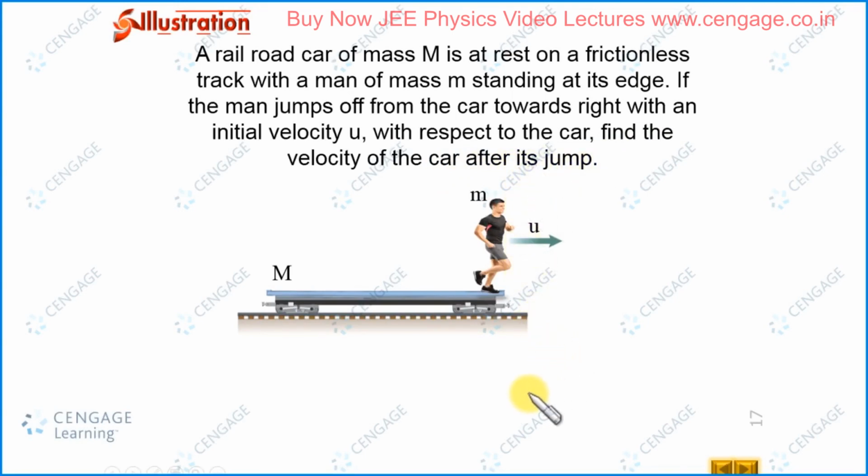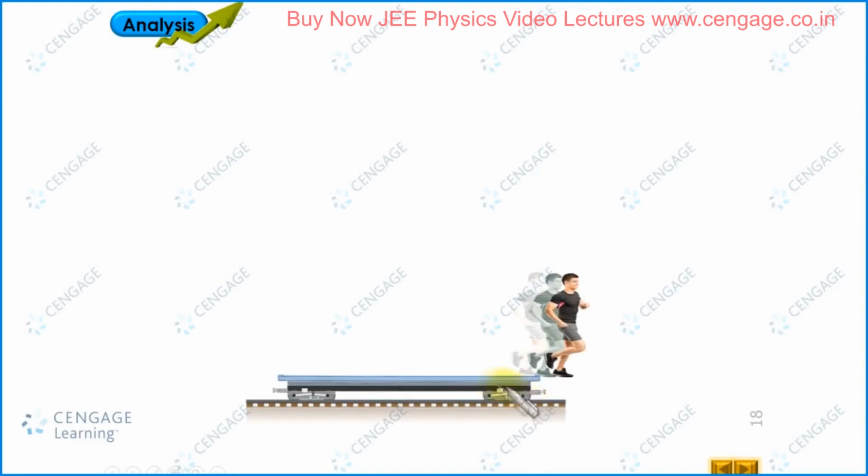Okay, so let us analyze the situation. This is the car and man. If we take car plus man as the system, we find there is no external force acting on the system in the horizontal direction. Why? Because there is no friction between the railroad car and the track. That means no external force acts on our system of man and car in the horizontal direction.